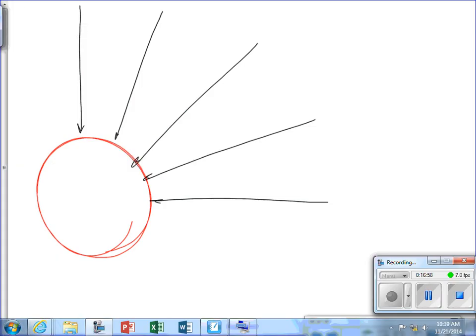I said a minute ago that these are vectors and not forces. So we can draw these gravitational field vectors like this. They all point towards the Earth's center.